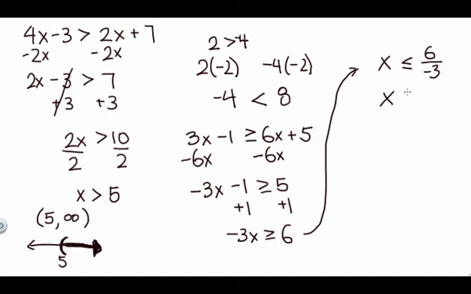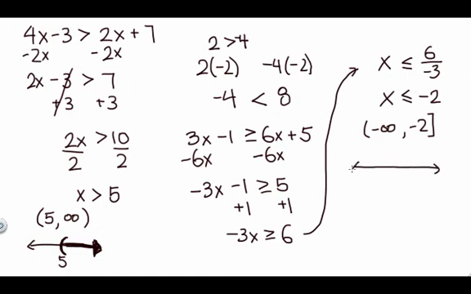So I get x is less than or equal to 6 divided by negative 3, which is negative 2, and that's my result. To show this in interval notation, it'll be negative infinity to negative 2, and it's including negative 2, so I'll have a bracket there, because x is less than or equal to negative 2.